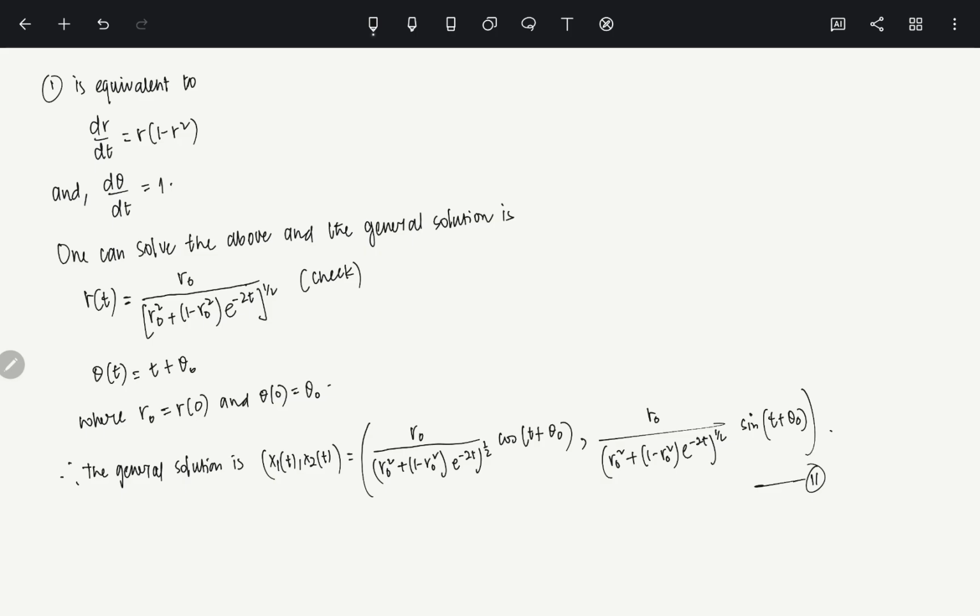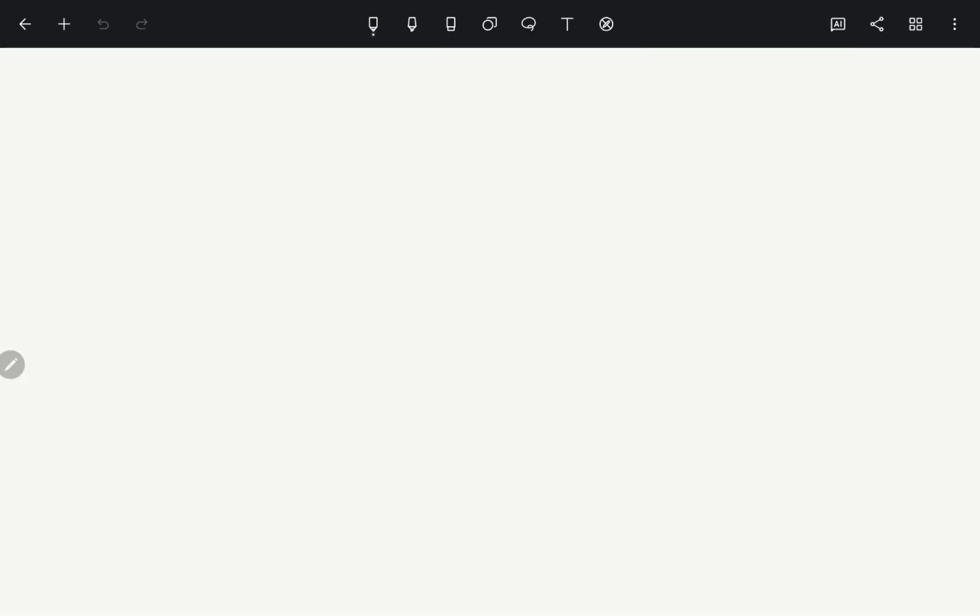And the trajectory, if you want to put it precisely, so essentially 2 defines the trajectory of the particle obeying 1.